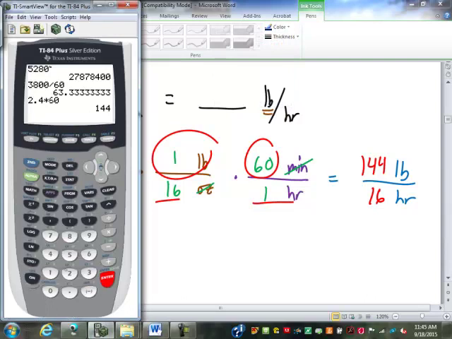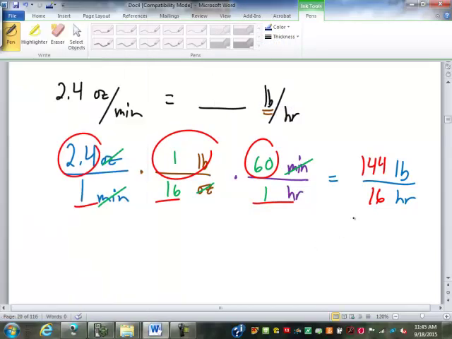If we divide 144 divided by 16, we will get 9. So it's 9 pounds per hour. So the standard units is a little bit trickier to do. Not just moving the decimal points anymore. Any questions so far?